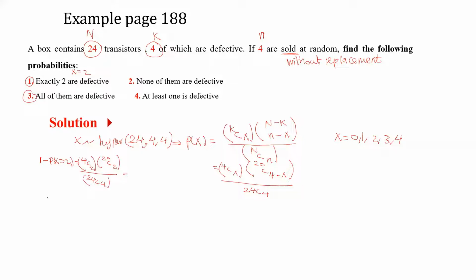Question 2: none of them are defective. None of them means X equals 0, 0 defective.